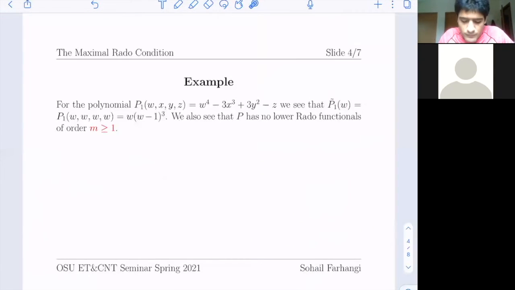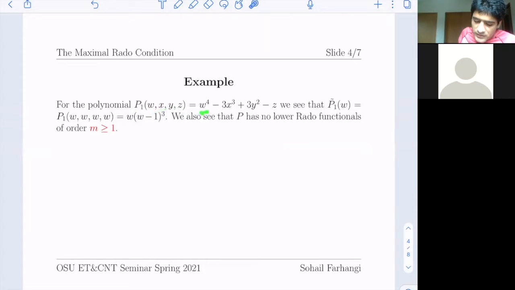Now, that being said, I guess this example here is pretty similar to what we saw 2 weeks ago, or at least the way in which I'm going to examine its functionals. So here I have a polynomial of 4 variables.